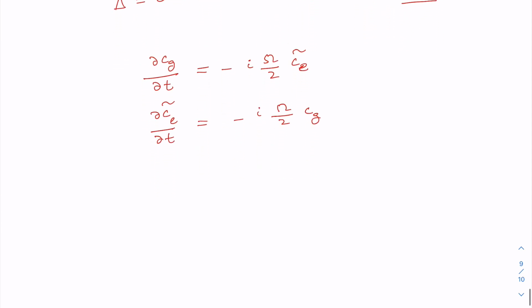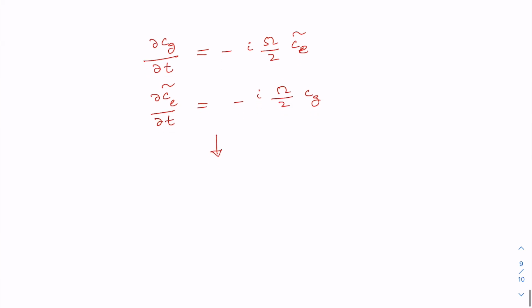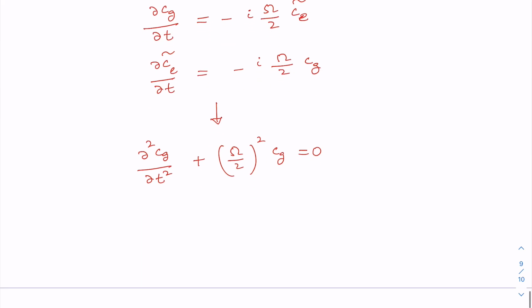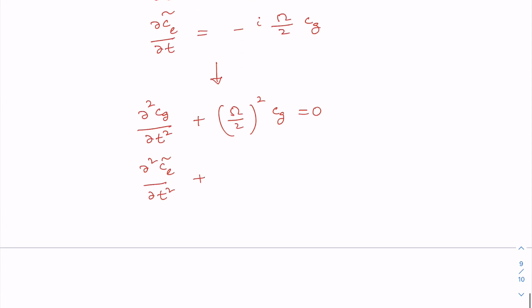Now we can easily obtain the uncoupled second order differential equations from here. It's easy to see that you will get del 2 Cg del t squared plus omega by 2 whole squared Cg is equal to 0, and del 2 Ce tilde del t squared plus omega by 2 whole squared Ce tilde is equal to 0.